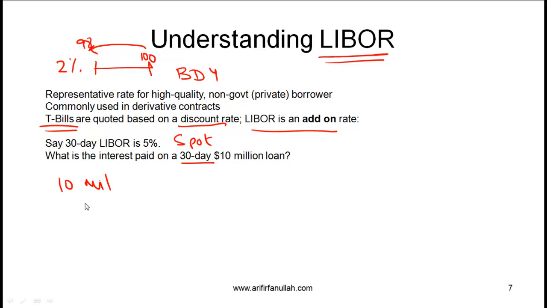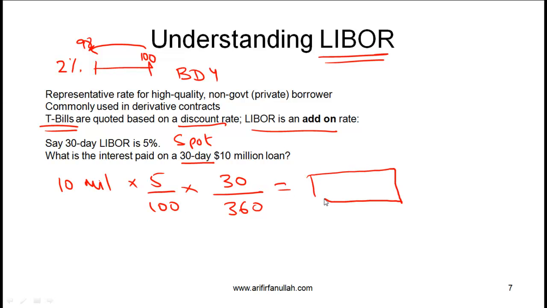The way this works is, the notional principal is 10 million times 5%, so that's 5 over 100, multiplied by, with LIBOR we typically use a 360-day convention, so 30 divided by 360. If you do the maths, this is equal to the interest that you will pay.